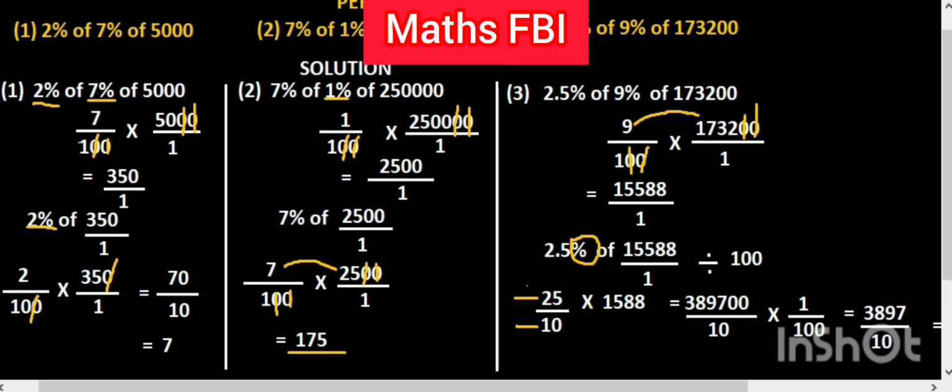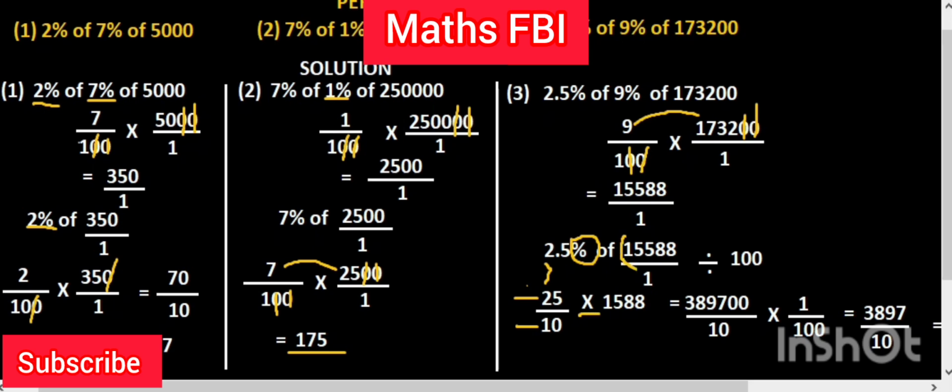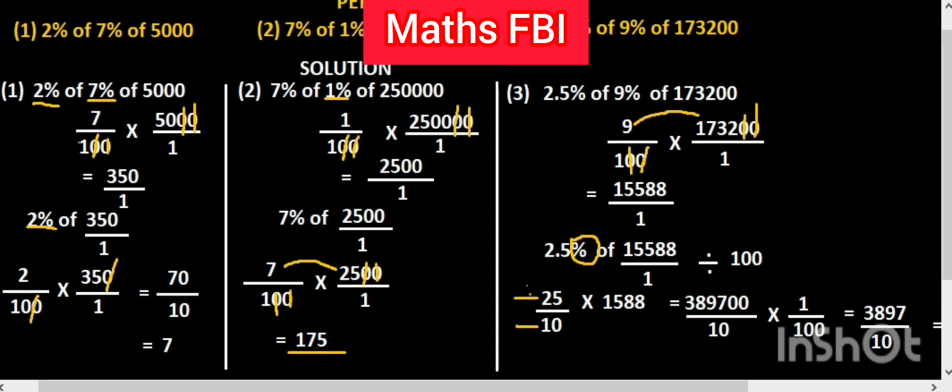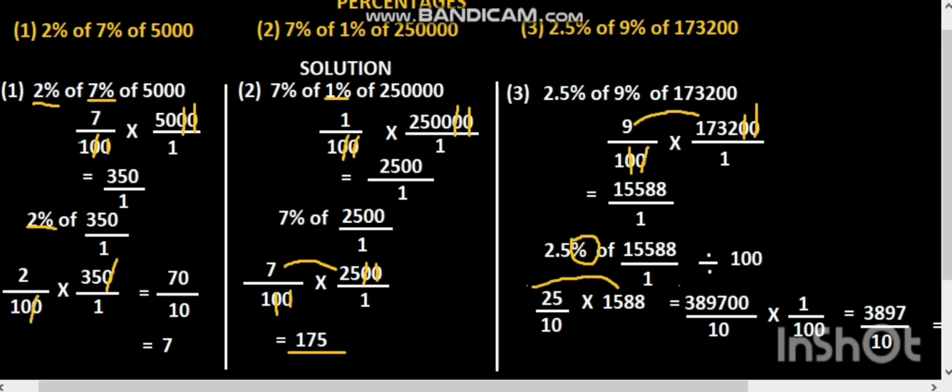All right. So multiply 2.5, which is this, of 15588. That's what we did here. Okay, so 25 multiplied by 15588 results in this, over 10, right?